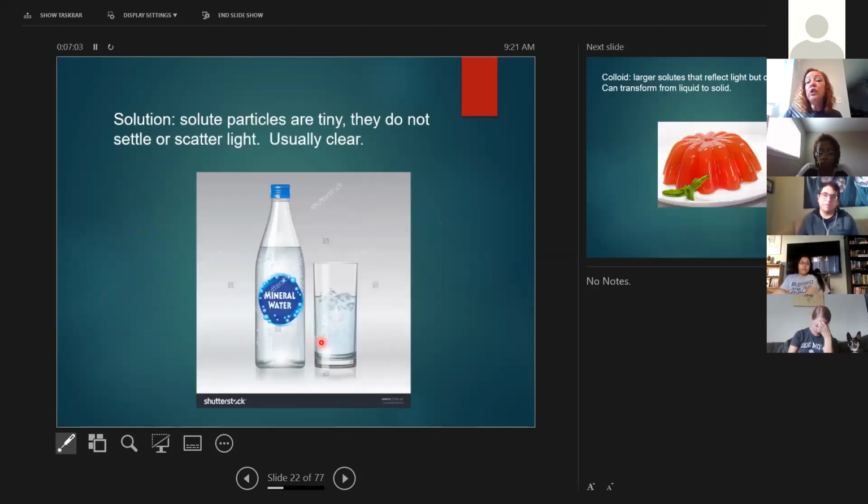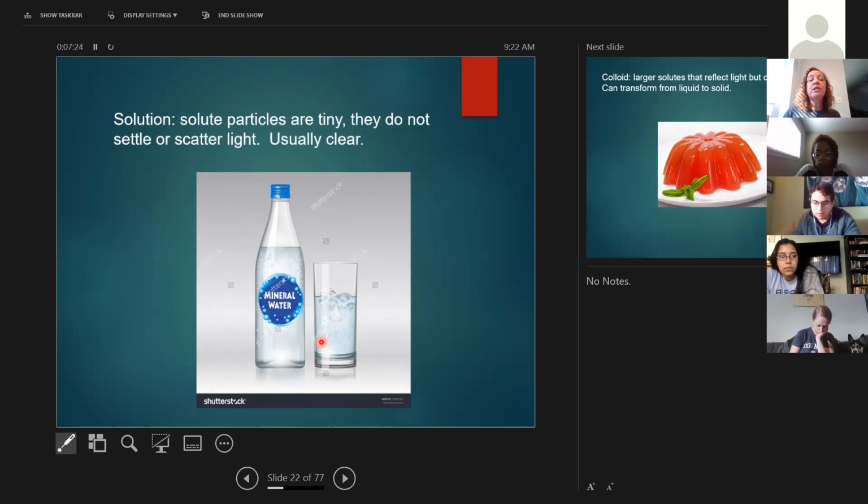All right, so a solution. Solution, by definition, means that we have our solvent and our solute. Here we have our example, mineral water. Obviously the water is the solvent, the minerals are the solute.